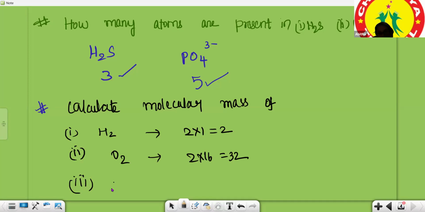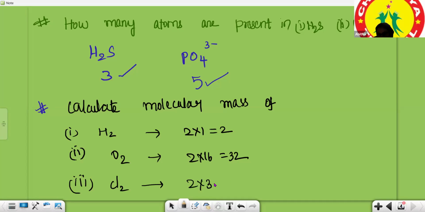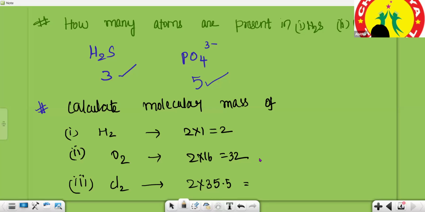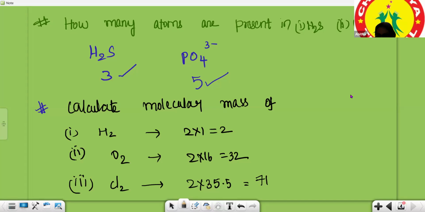Next, Cl2. 35.5. 2 into 35.5. It is 71. There is a 0.5, and you're doubling it, so you'll get 0.